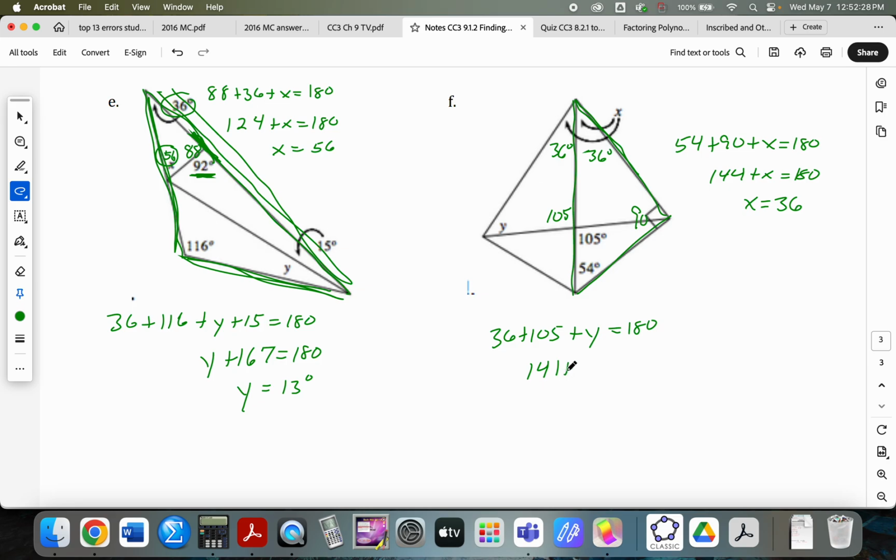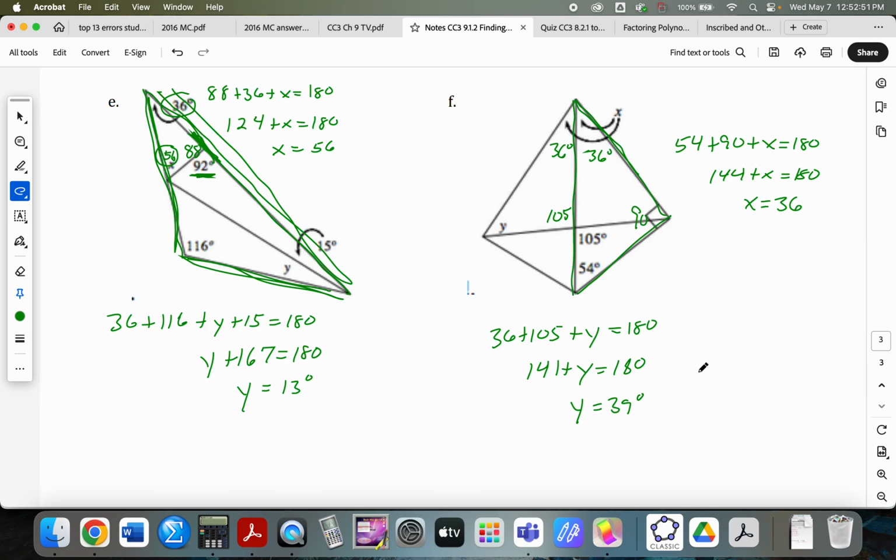So it's 141 plus y is 180. So y is 39 degrees. Okay, any questions about that?